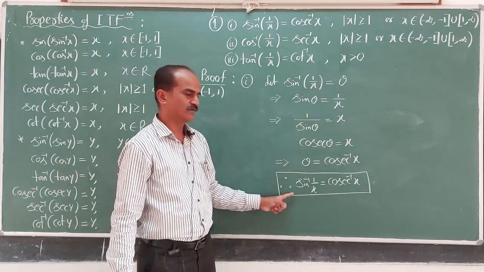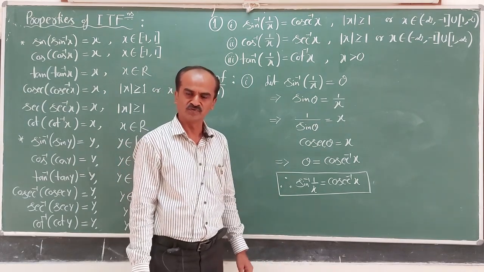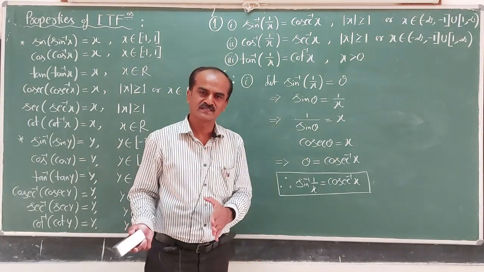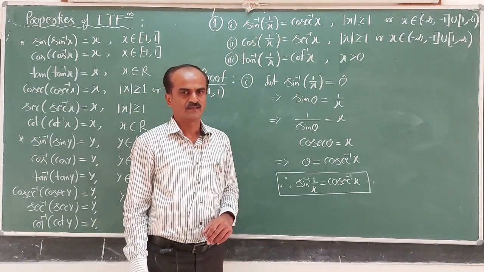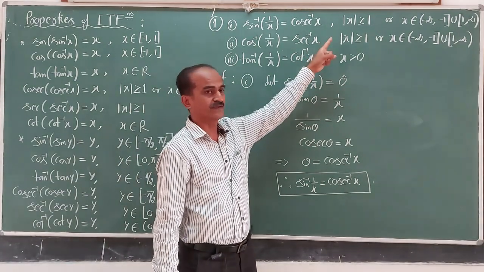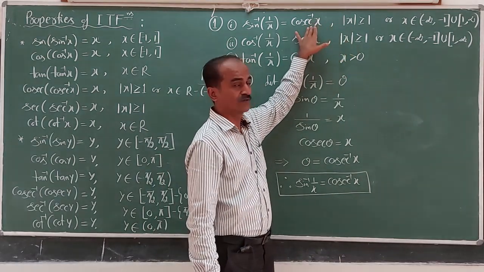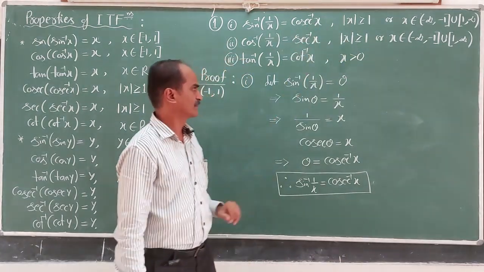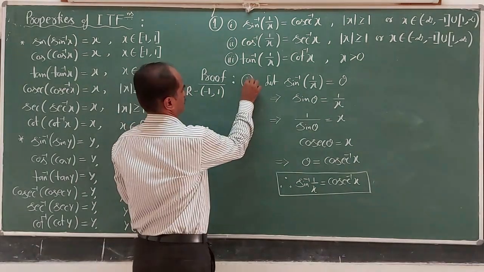Resubstitute that value of theta, that is sin inverse of 1 by x, that completes the proof. So remember, sin inverse of 1 by x is equal to cosecant inverse of x. Not for all values of x, there is a restriction. Modulus of x must be greater than or equal to 1, nothing but the domain of cosecant inverse function. Similarly, now I can prove the second one.